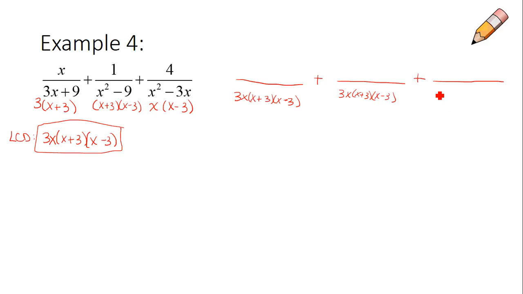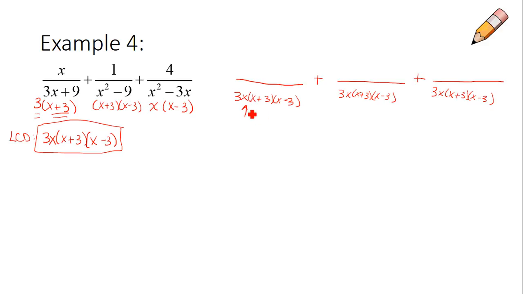Remember, we're just adding these fractions together. We're just going to change the top and add like terms. All right, so now we just need to figure out what we need to multiply the top by in order to change it. So this first fraction had 3 and x plus 3 already. What's new in the bottom of the fraction that he didn't have before?